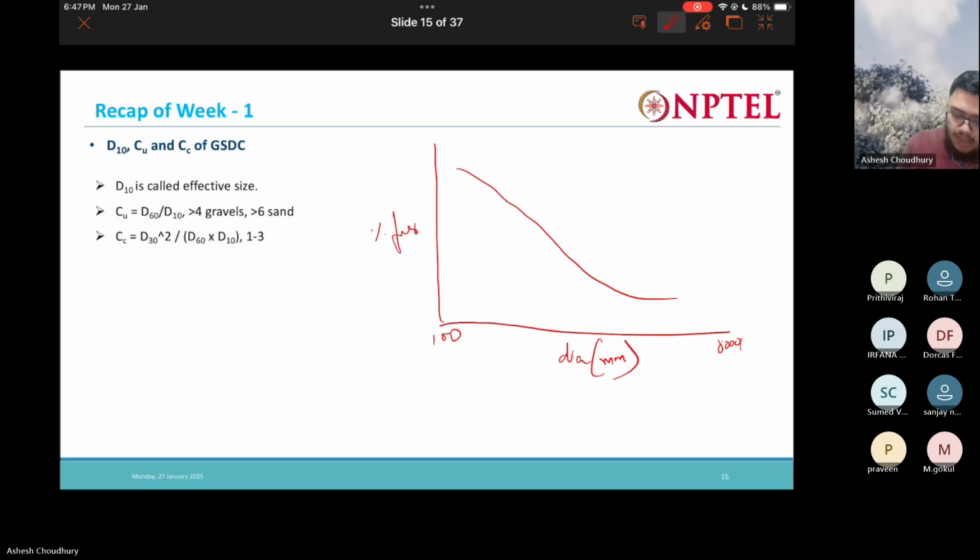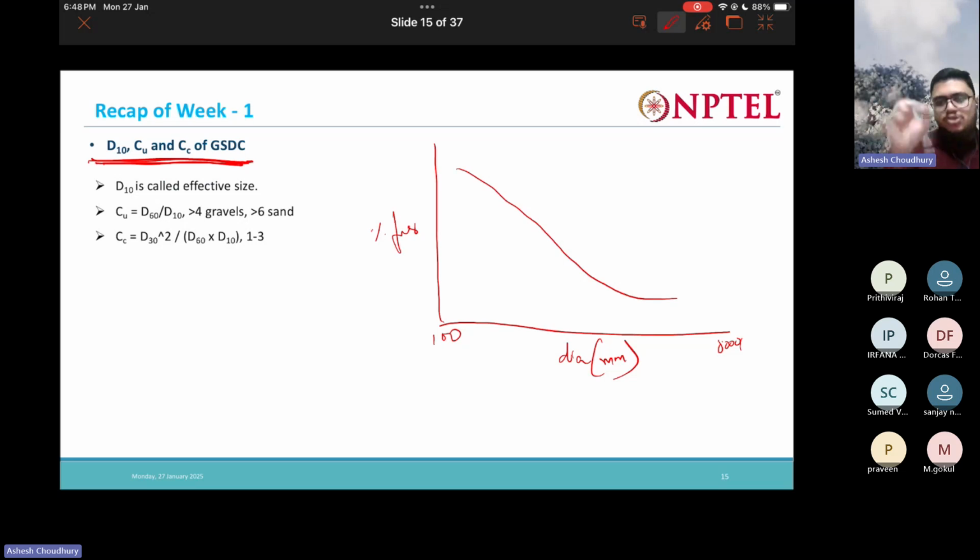Now there are some parameters related to the grain size distribution chart which help you decide whether the soil is well graded soil, poorly graded soil, or gap graded soil. So what do you mean by well graded soil? A well graded soil means that the soil mass has equal distribution of all sizes of particles.